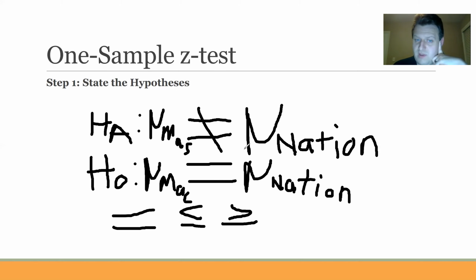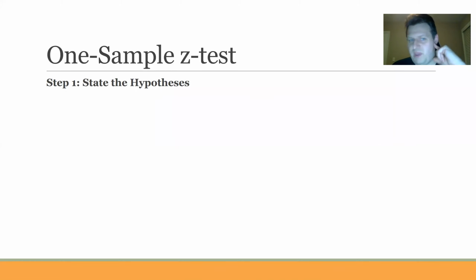For the alternative, however, there is never going to be that equal sign. So we're going to have does not equal, less than, or greater than. These appear in the alternative hypothesis. These appear in the null hypothesis. Makes sense?